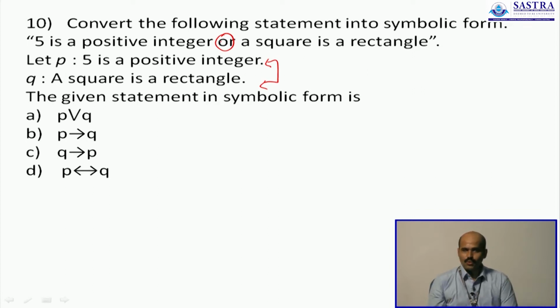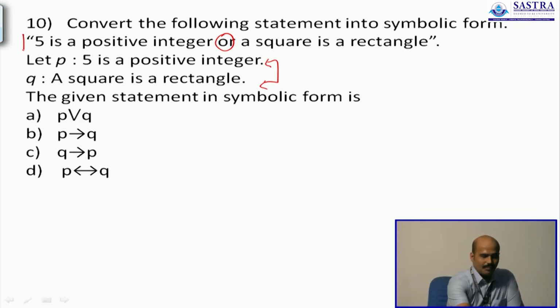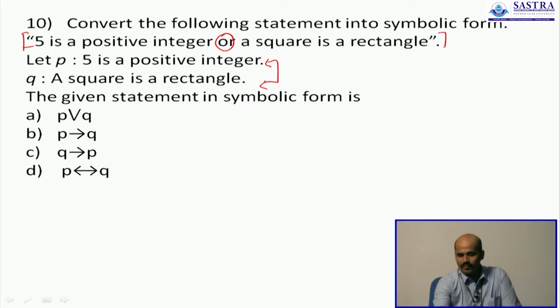We obviously know that 5 is a positive integer, and we also know that every square is also a rectangle. But we are required to find only the symbolic form of this statement, the quoted statement here. We are required to focus only on the symbolic form.